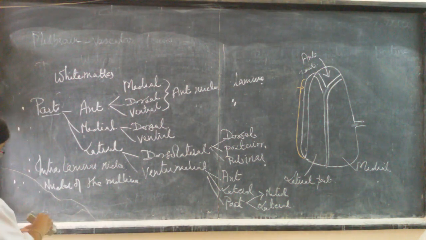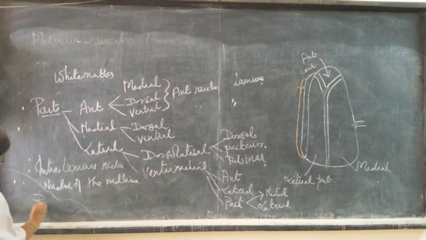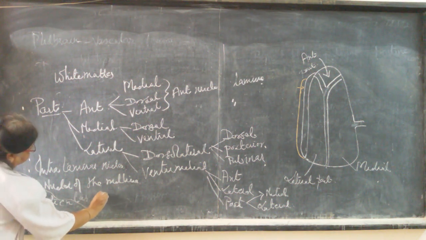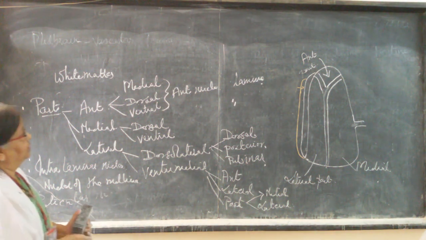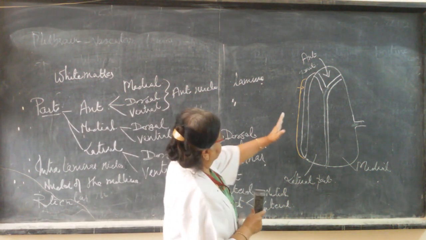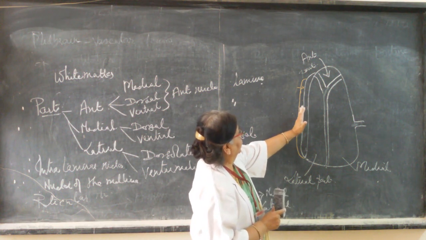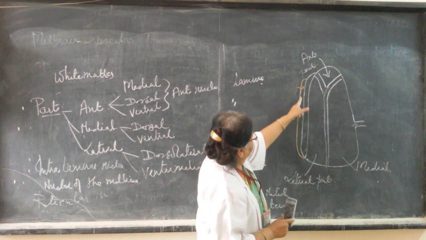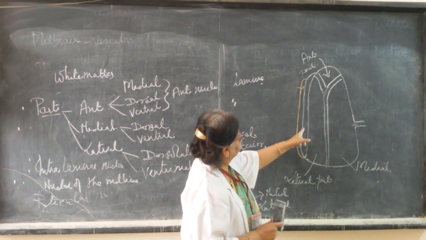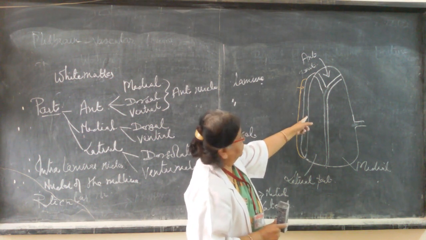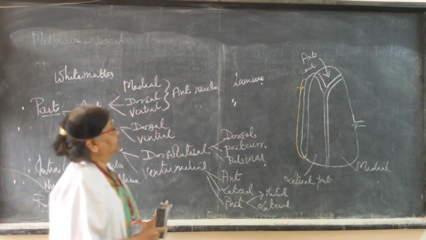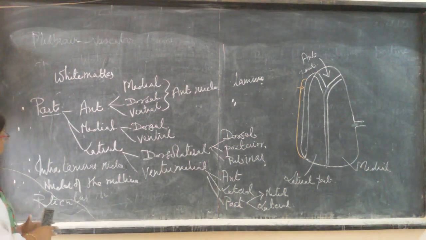Then there are reticular nuclei. Reticular nuclei we have already seen. This lies lateral to the external medullary lamina. This part is the collection of reticular nucleus, which is on one side related to the external medullary lamina and on the other side related to the posterior limb of internal capsule.